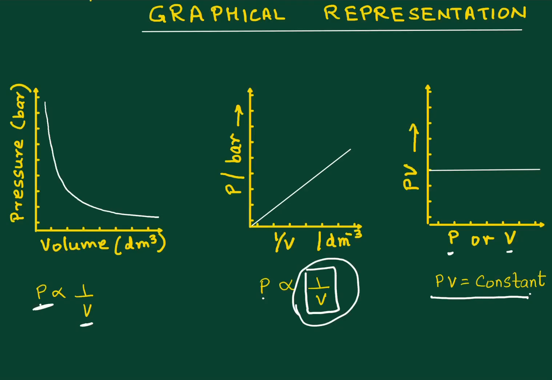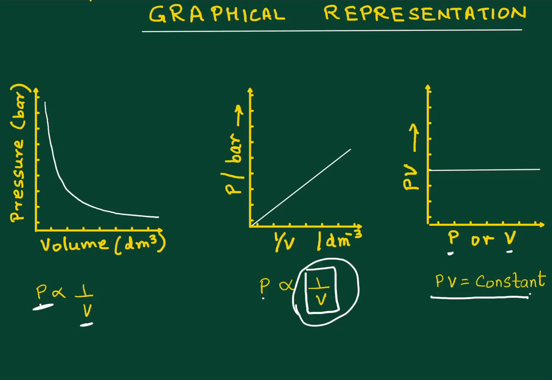Now, what we need to understand over here is the variation of these graphs, or the change in these graphs when you change the temperature. What do you think will happen? Will PV remain the same?